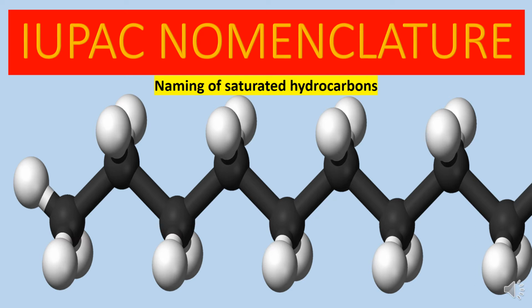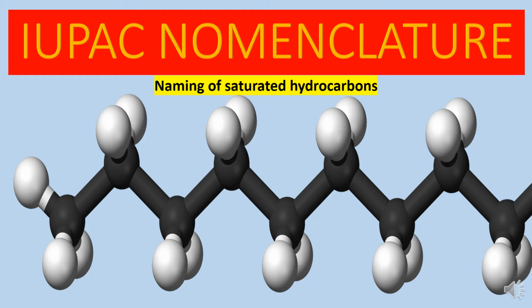Good morning, students. As we are discussing the chapter Basic Principles of Organic Chemistry, a very important topic of this chapter is IUPAC Nomenclature. As you know, if we use common names for different compounds, it will be very confusing and difficult, because common names do not follow a particular rule.